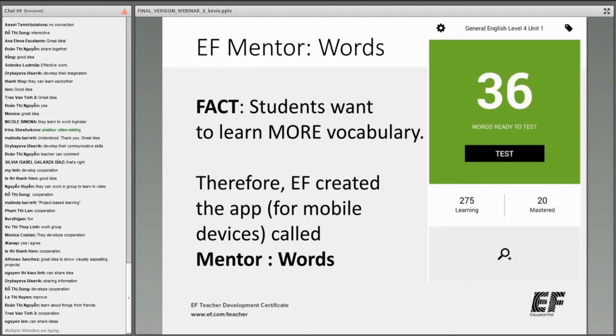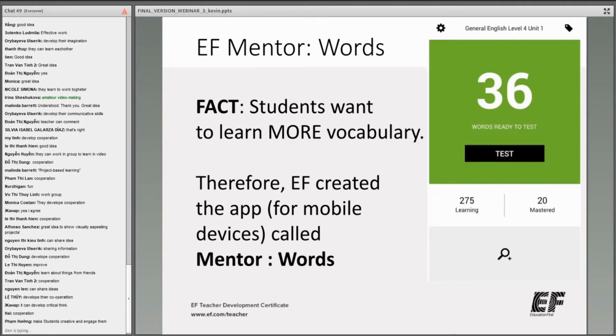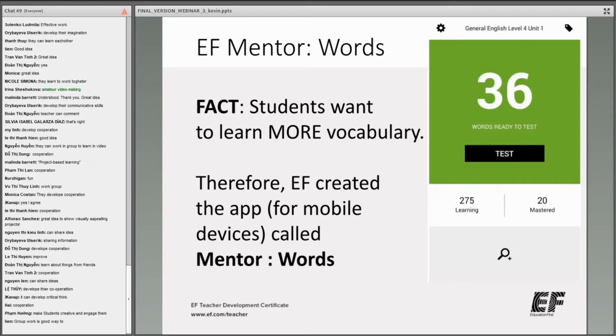Okay, let's move on to the next technological tool that we're going to be speaking about. I want to just mention briefly these two applications. These two are EF-based technology. So unless your students are EF students, they will not be able to access this.